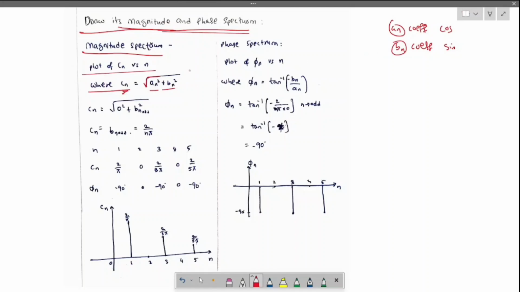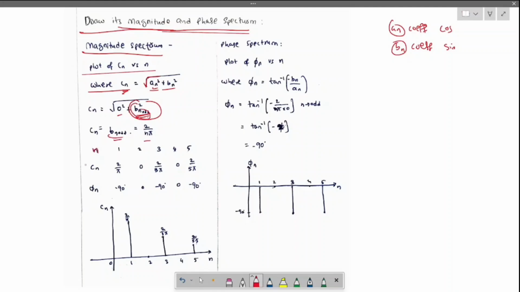For this formula, an is 0. Bn exists in terms of odd only, right? Bn square for even is 0, anything will be 0. We are left over with the bn square, and under root square will be simply bn odd, like 2 by n pi.